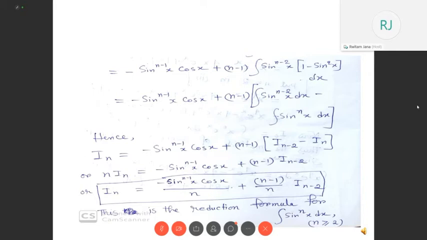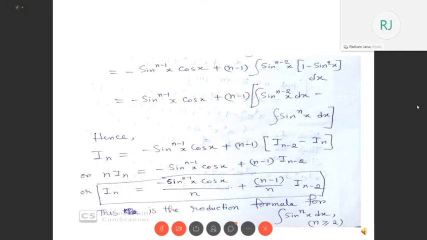In the final step you can see there is a term I suffix n minus 2, right? If you want to allow n greater than or equal to 1, so n equals 1, then it will not work, because ultimately it will get I suffix minus 1, which is not possible.